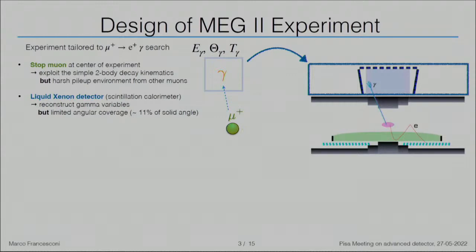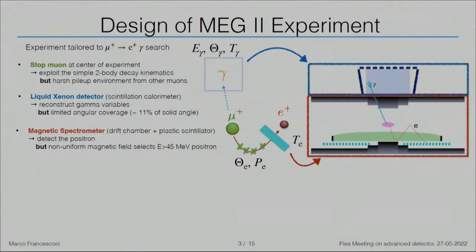But these cover only a reduced part of the solid angle, like 11%. And on the other side, the positron bends in a magnetic field and is tracked by a very light drift chamber before it hits an array of plastic scintillators that gives the time of the positron track.